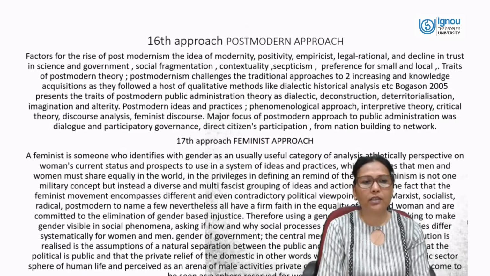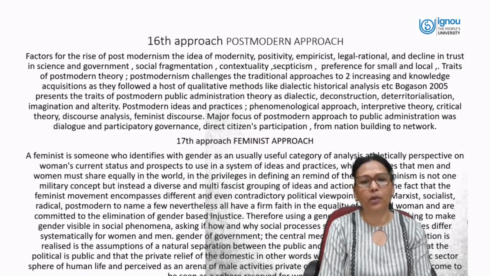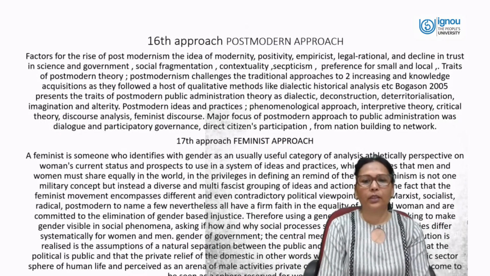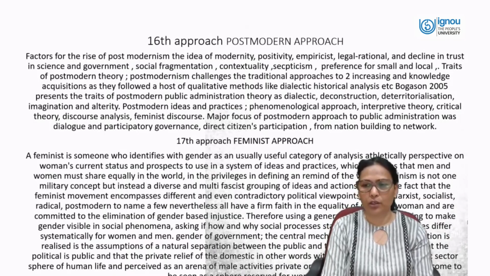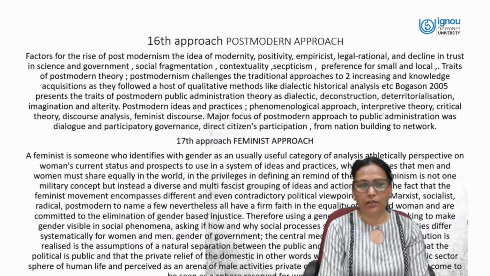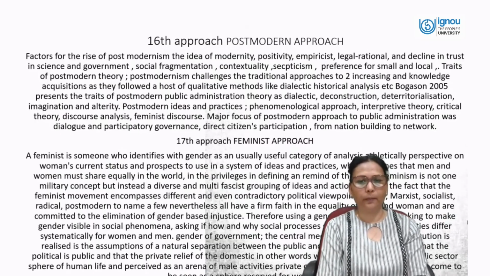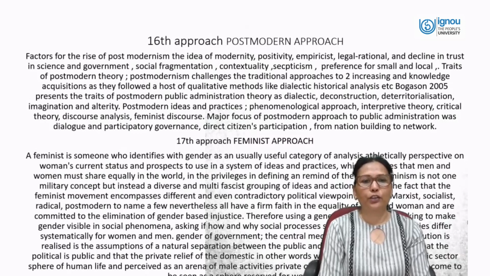Farmer, in 2005, presents the traits of postmodern public administration theory as dialectic, deconstruction, deterritorialization, imagination, and alternative.